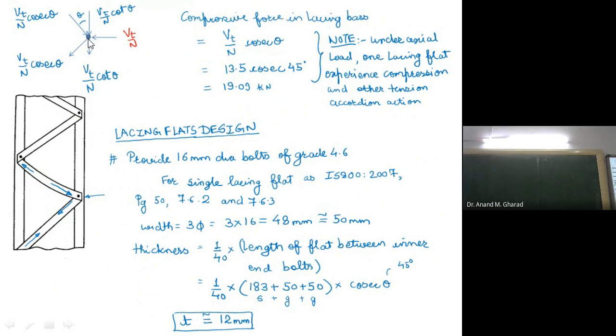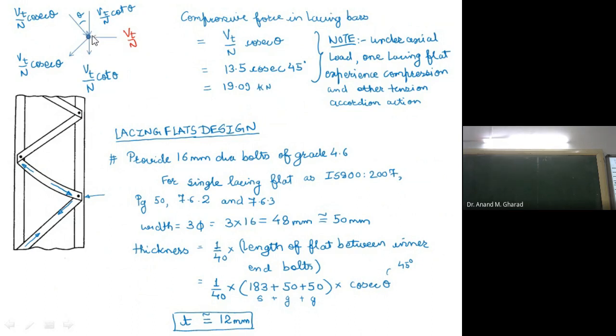At this bolt, this is the internal force which is coming from the lacing flat, which is in the form of, let's say, compression, and this is in the form of tension force. So you can see the vertical components of these two forces, they are acting at this point.